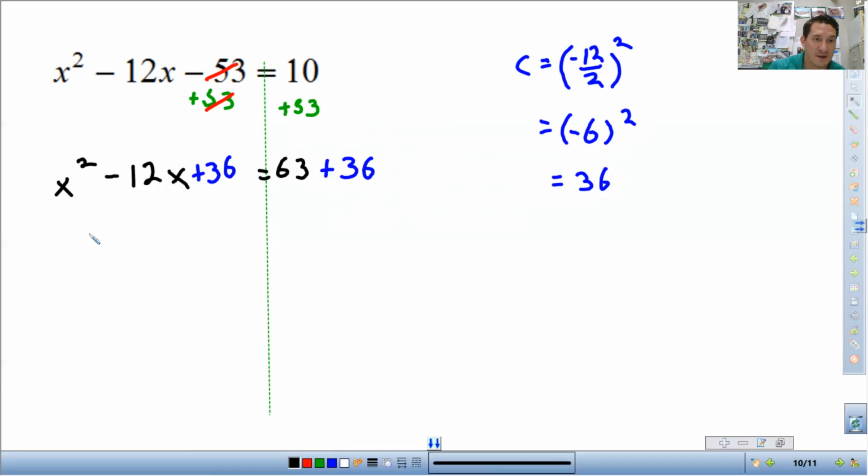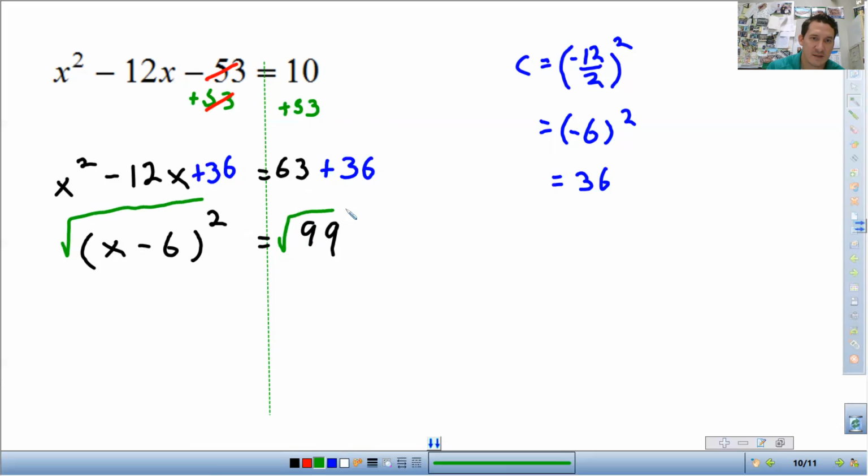Right? Factor this left side. So that's going to do that easy perfect square trinomial factoring. So it's going to be x minus 6 over there squared is equal to 63 plus 36 is 99.